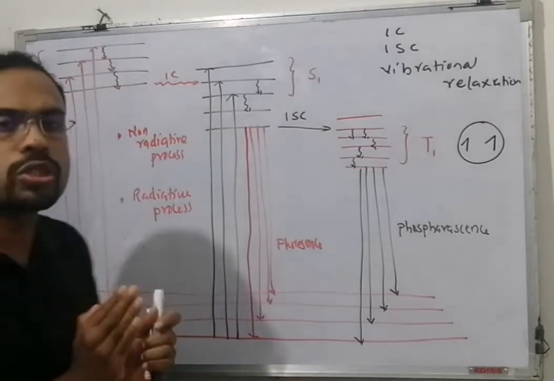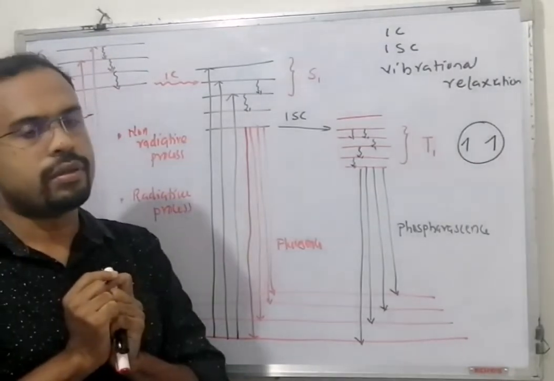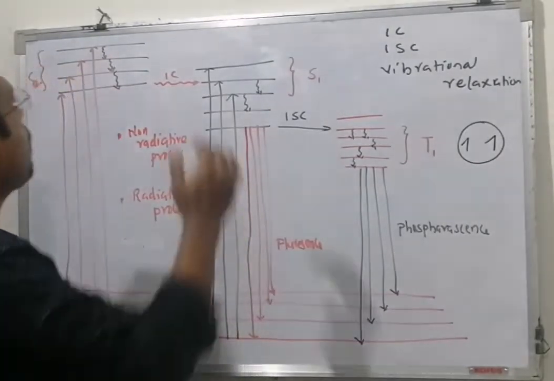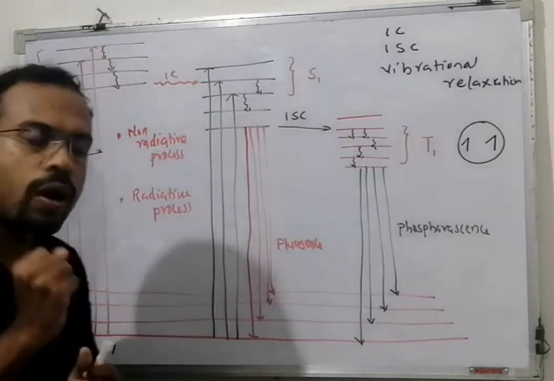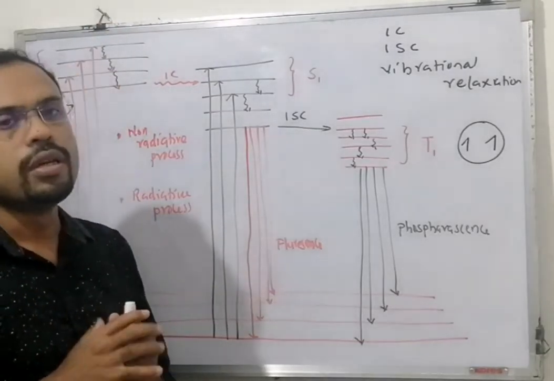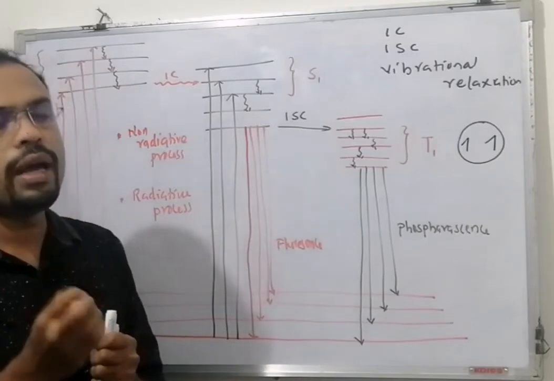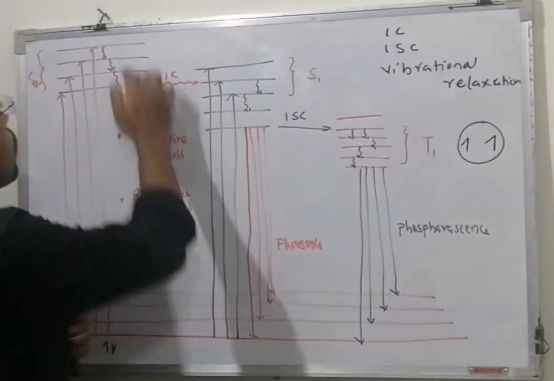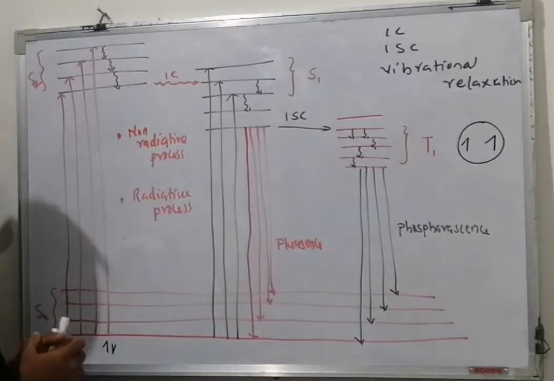This happens because of collisions of molecules with each other. Suppose a molecule is in a higher vibrational level of a given electronic level, it will collide with other molecules. Because of that collision, it loses some energy, and because of that loss of energy, it goes to a lower vibrational level within this electronic level.